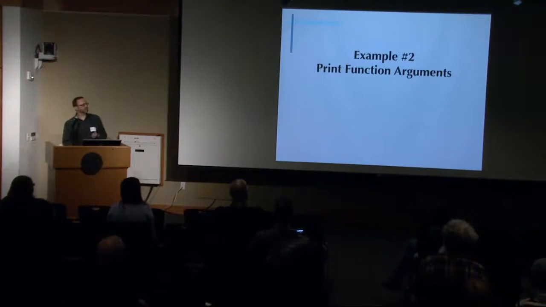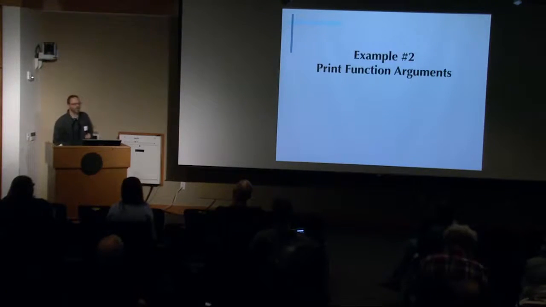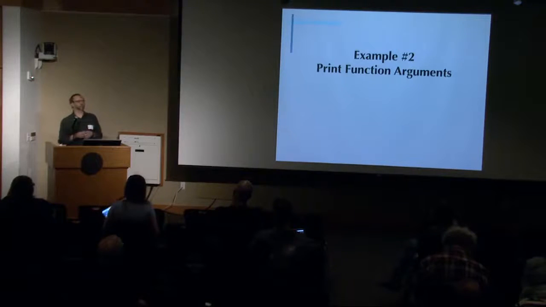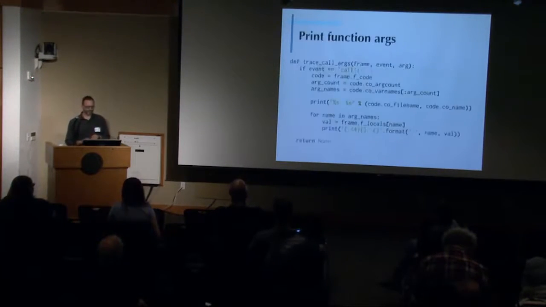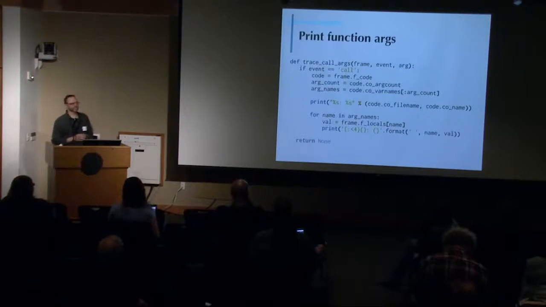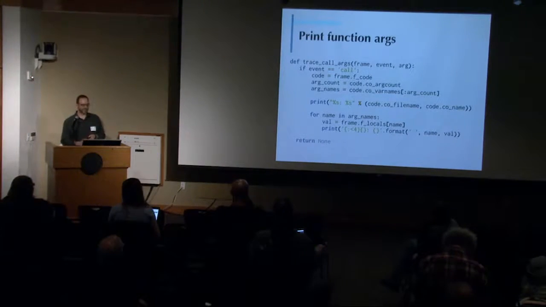All right, another example is let's write a tracing function that will capture the arguments that were passed into a function every time a function is called. In this case, we only care about the call event, so we only have to worry about that.